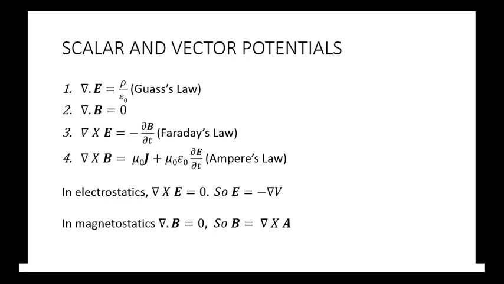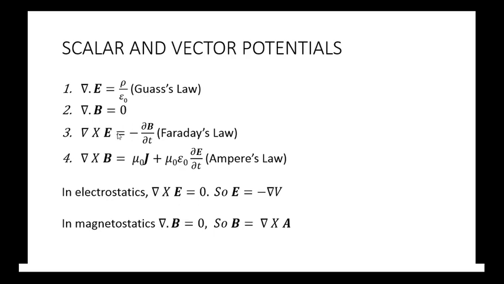I repeat, using the second Maxwell's equation del dot B is equal to 0, we can write B as del cross A. That gives the relation between magnetic vector potential and magnetic field. But here we cannot use del cross E is equal to 0.